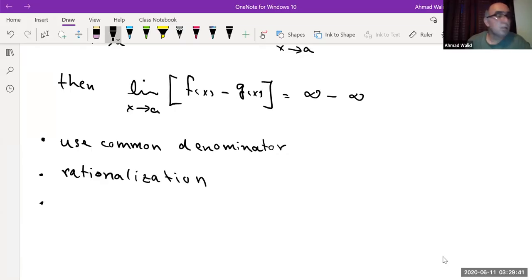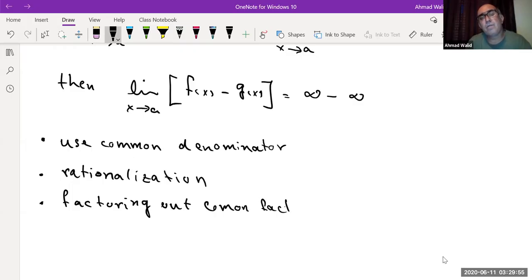Or you can do factoring out common factor. Why do you do one of these? To get 0 over 0 or infinity over infinity.